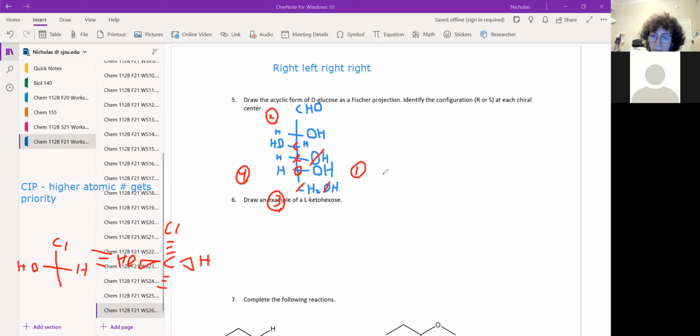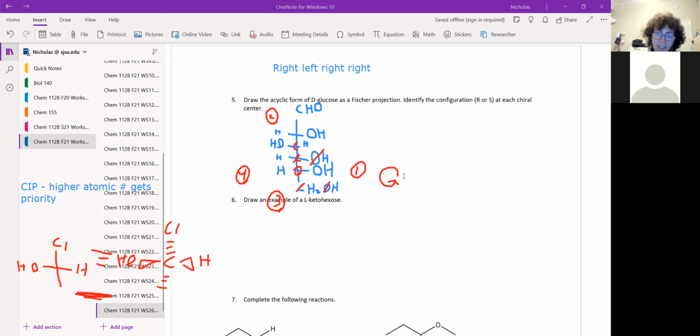So then you draw an arrow from 1 to 2 to 3. It looks like this. It's going counterclockwise. So it looks like it's S. But remember, on a Fischer projection, the horizontal lines are wedges, like I showed down here. So because horizontal is a wedge and the hydrogen is horizontal, you have to flip what it looks like.